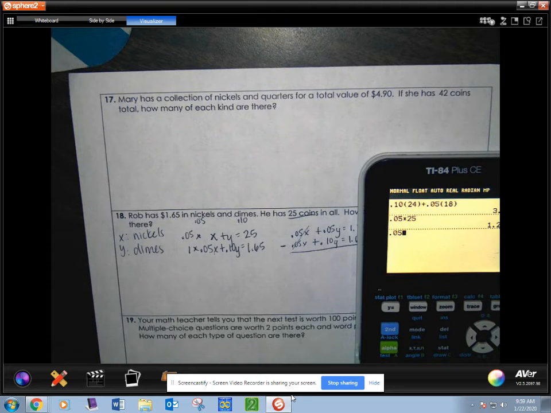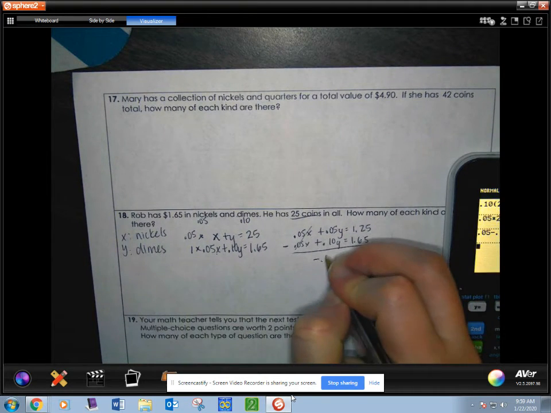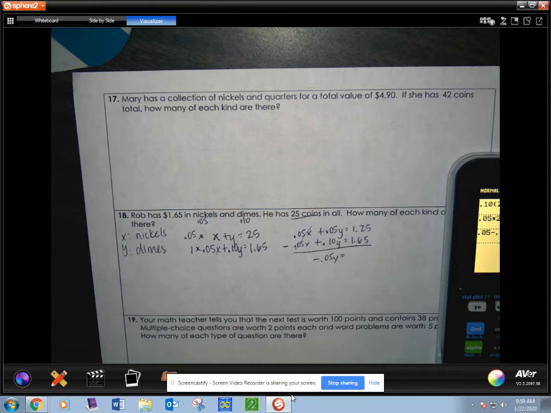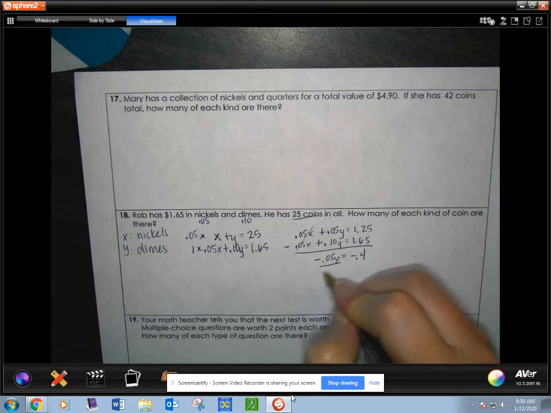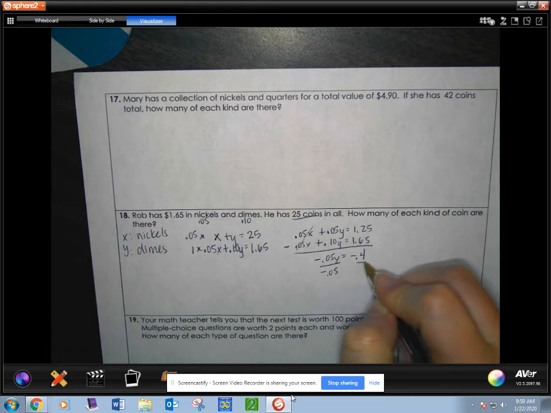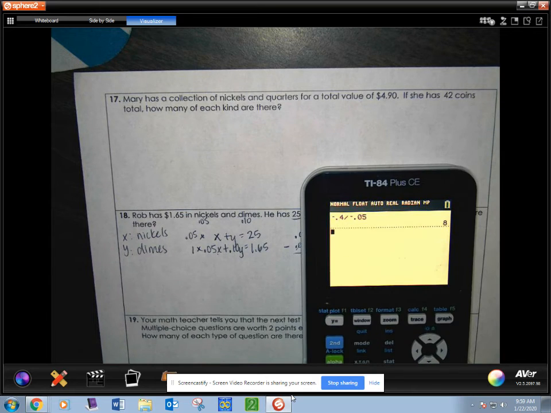Those cancel. So then I do 0.05 minus 0.10, and that gives me negative 0.05. And I do 1.25 minus 1.65, and that gives me negative 0.4. I divide by negative 0.05. So there's that problem, and it gives me 8.